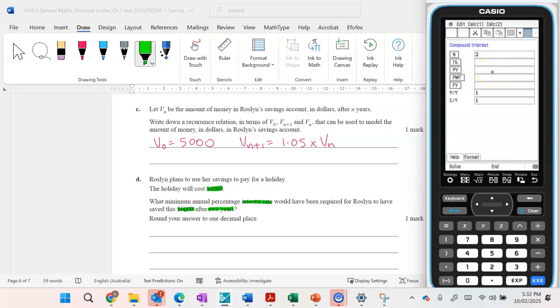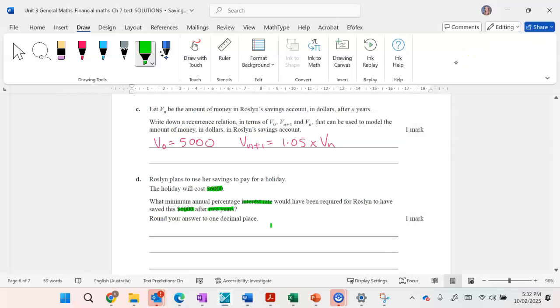All right, the principal value, so she's investing $5,000, so it's got to be negative. She's not going to be making any payments, so we're just going to keep that as 0. And we want the future value to be $6,000. And she's getting that money back, so it can just be positive. All right, so your interest rate is, to 1 decimal place, 9.5%.